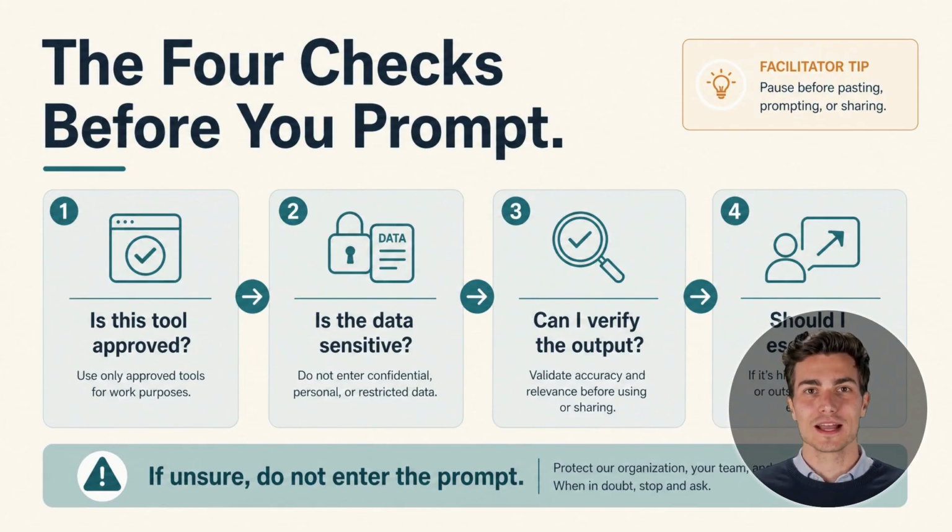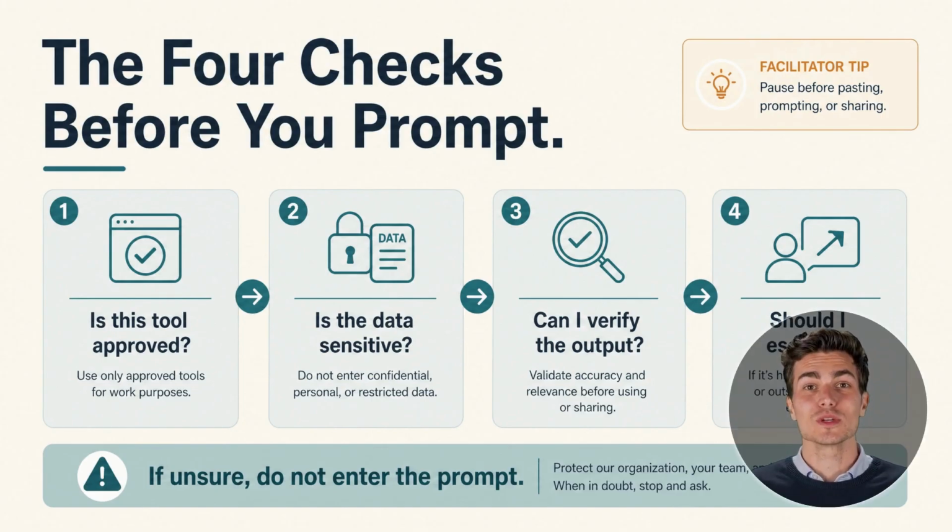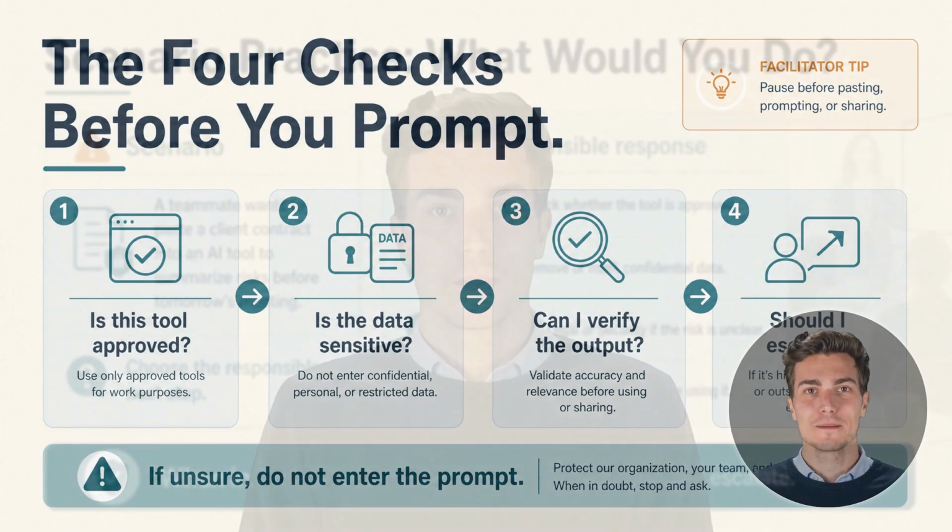Third, can you verify the output? It is vital that you validate its accuracy and relevance before using or sharing it. And the 4th check is to ask, should I escalate? If a task is high risk, unclear, or outside your role, you should escalate it. The most important rule is that if you are ever unsure, do not enter the prompt. When in doubt, it is always best to stop and ask.